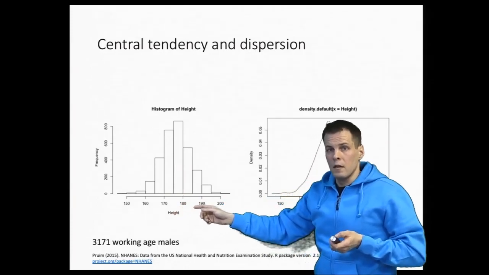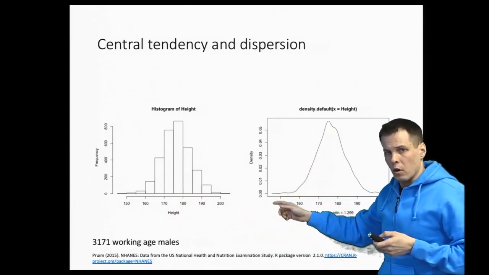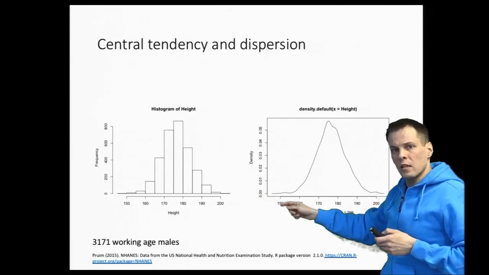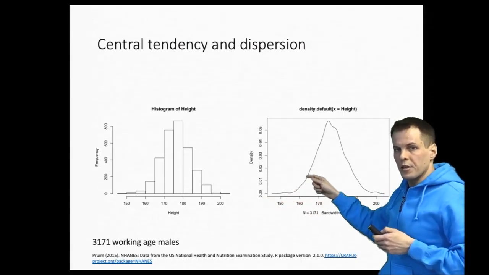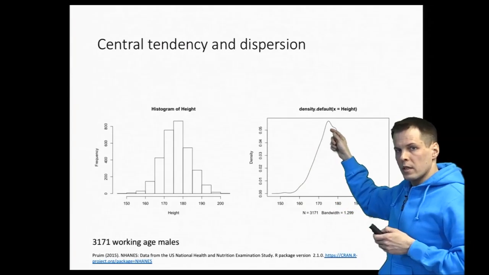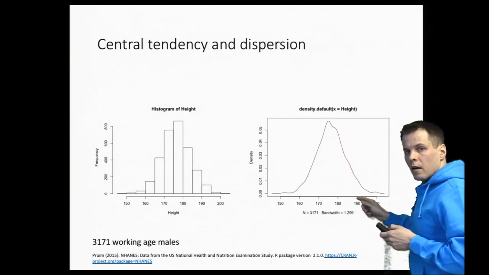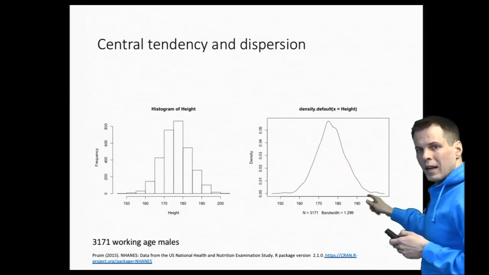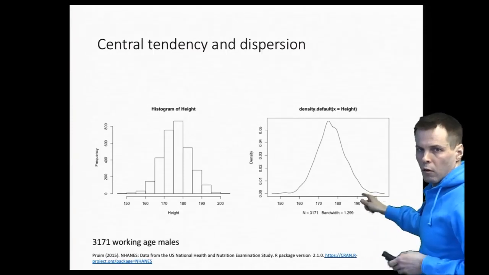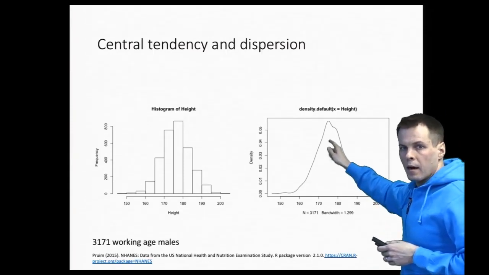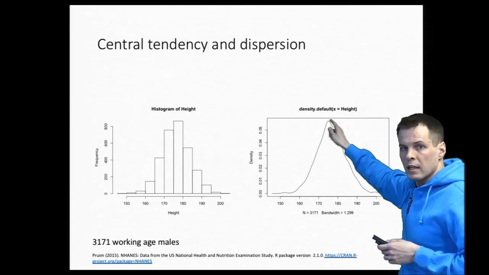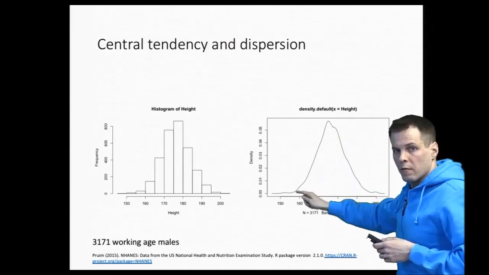Then we have the kernel density plot of the same data. So the kernel density plot shows us the distribution in another way. We just have a line, and this is the probability density function. That's what it's called formally. And the height here tells what is the relative probability of observing a person here versus a person here, for example.